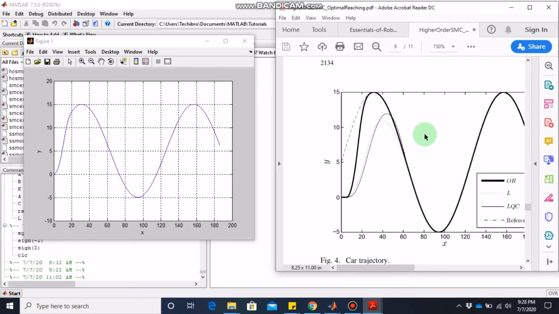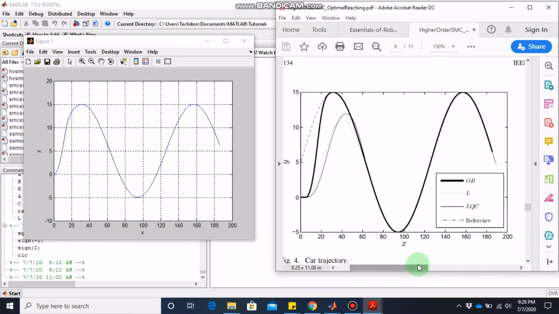You can see here that this black trajectory is basically what we have replicated in our simulations, in our code. This varies from -5 to 15, and the same is here in our case. The peak value is 15, and the lowest value is -5.